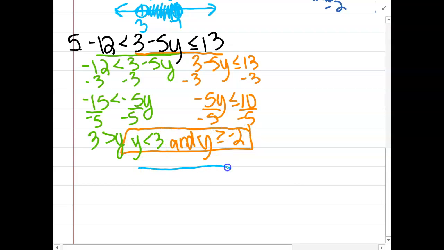All right, so make sure you put the numbers in order. I've got negative 2 and 3. So negative 2 would be over here, 3 would be over here. Now at 3, we're going to have an open dot. At negative 2, since it's an equal to, we're going to have a closed dot.